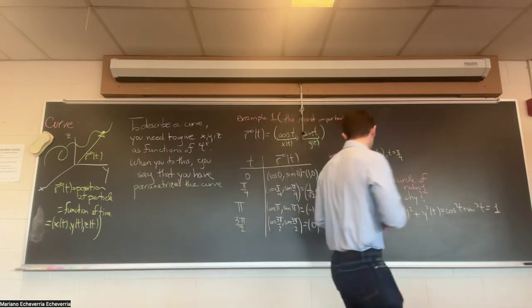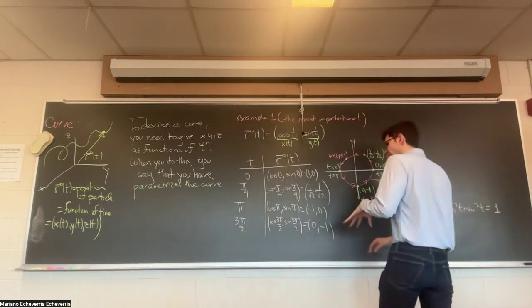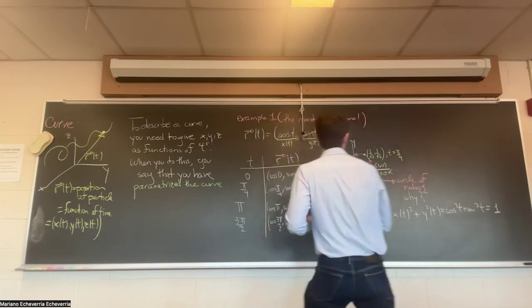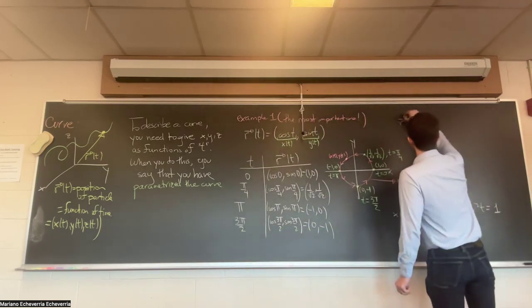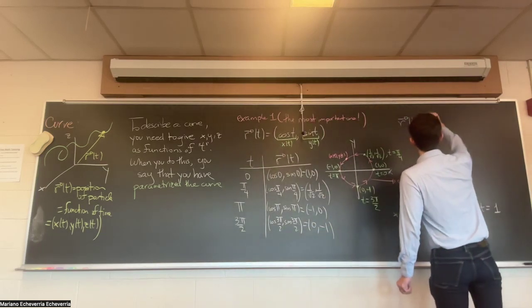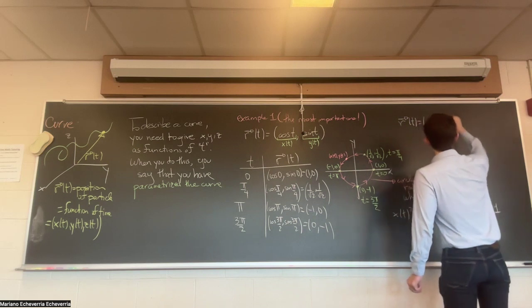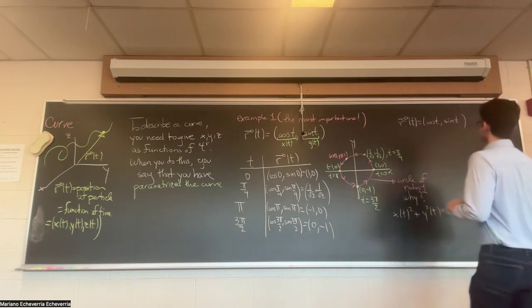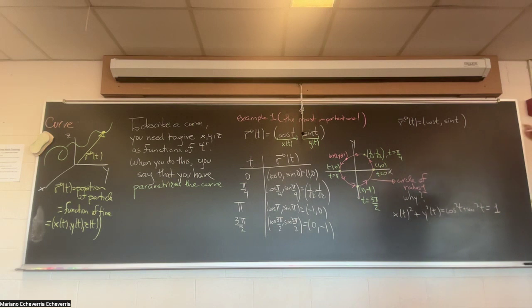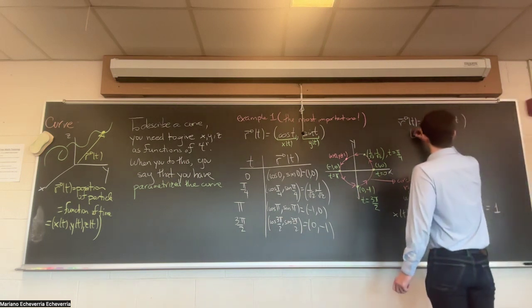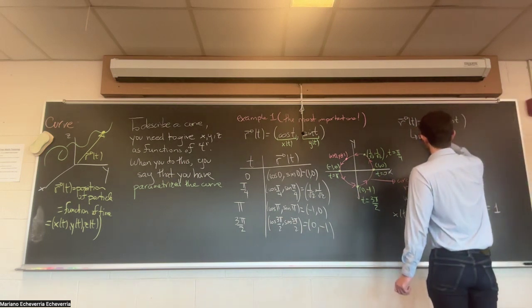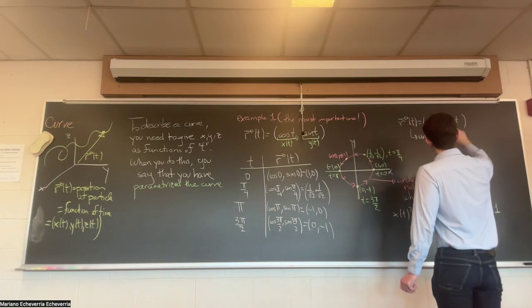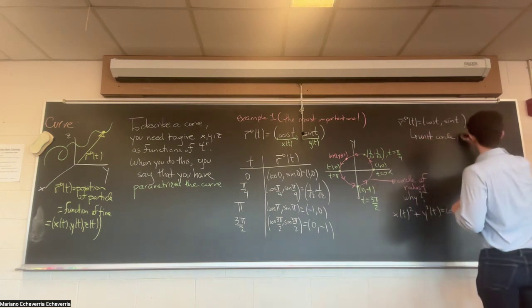Okay, let me be more specific. What I'm trying to say is that r of t equals cosine of t, sine of t. This describes a unit circle moving counterclockwise.